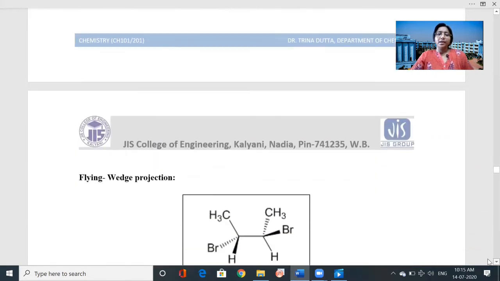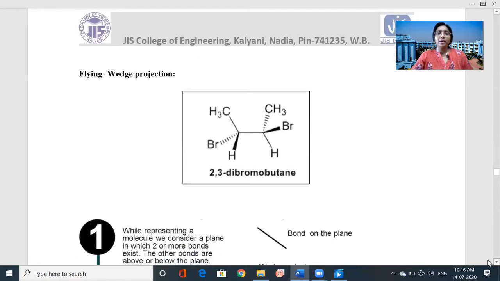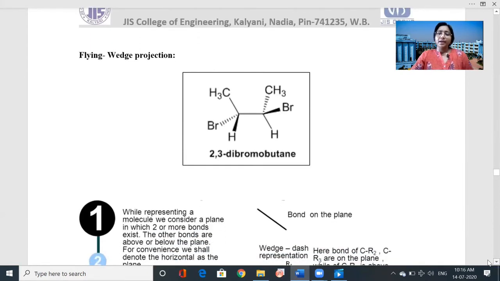So the next one is the flying wedge projection. It is also a very important projection, and we can understand from this projection which group is in which plane. Only if all the groups are in the same plane does the reaction take place.